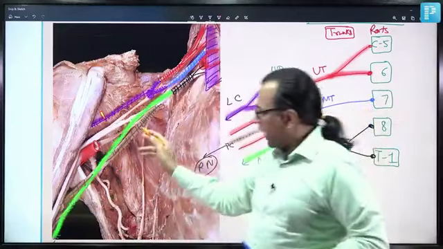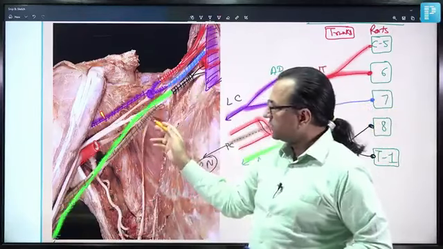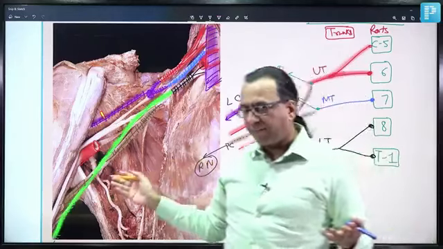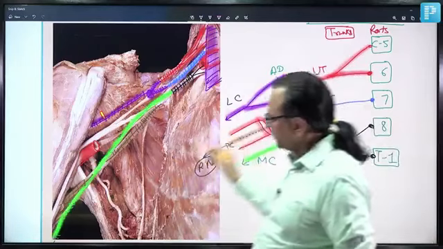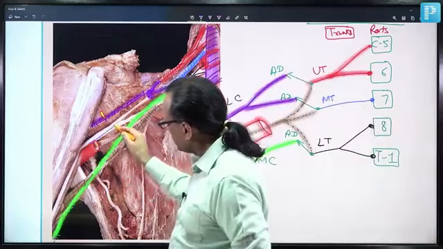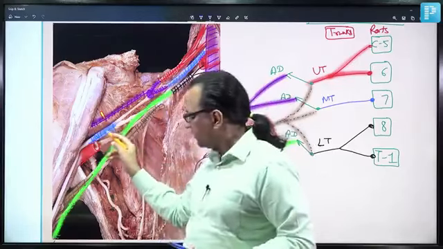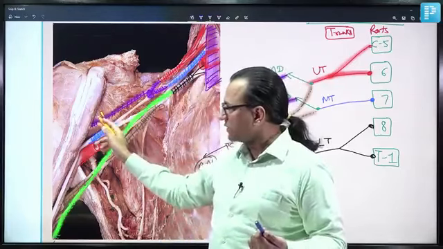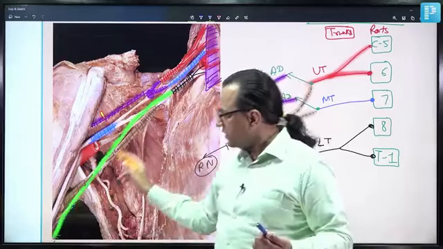Now, that was about the continuation of the posterior cord of brachial plexus. At the moment, where is the median nerve? To find the median nerve, you make one M. M for median nerve. Yes. And where is that M? See, this is the median nerve. How do you know this is the median nerve? Because it is in the midline. See, laterally musculocutaneous, medially the ulnar nerve, posteriorly the radial nerve.